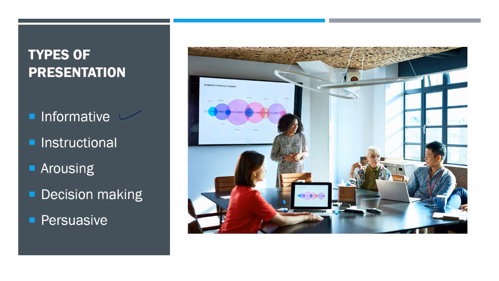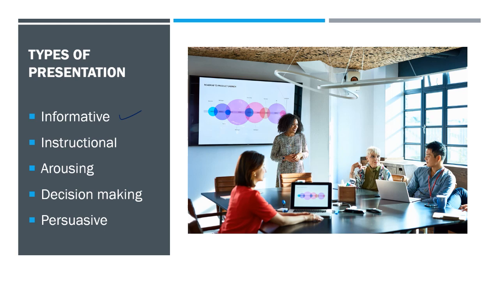As a faculty member gives a lecture on a particular topic, the information is taken from the textbooks, prepared in a brief manner, and they explain it in a very good way: this is what the topic is, these are some of the information about that topic. So that is the informative type of presentation.